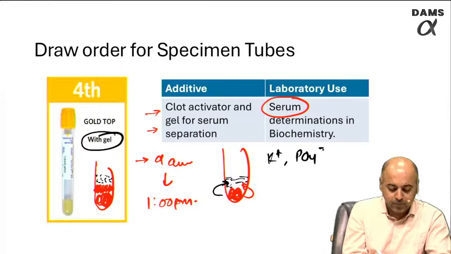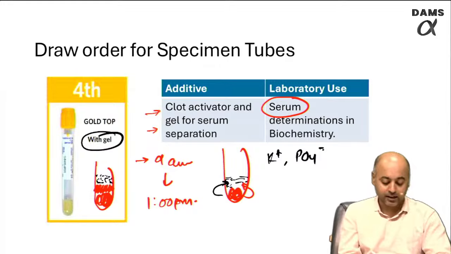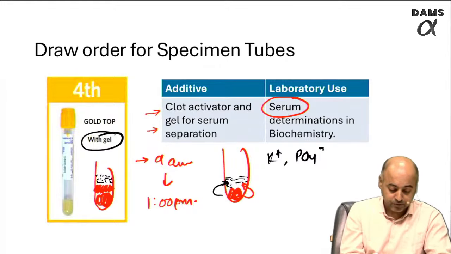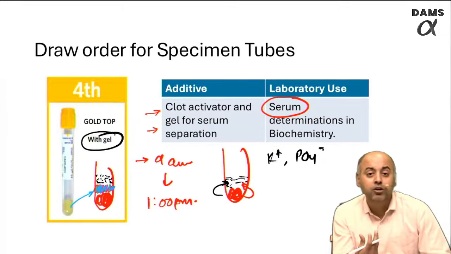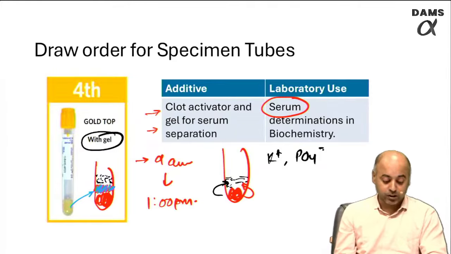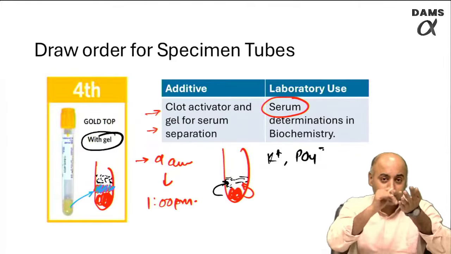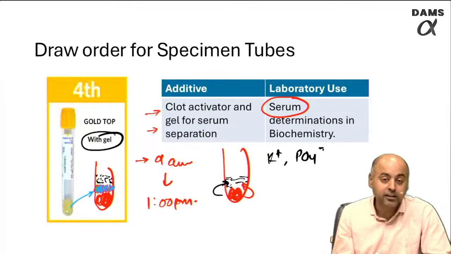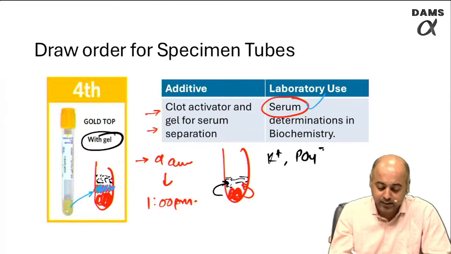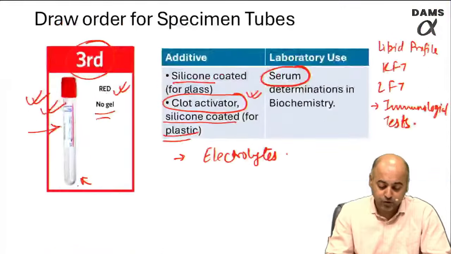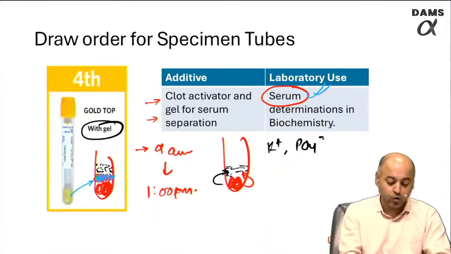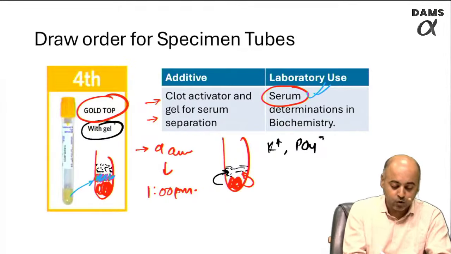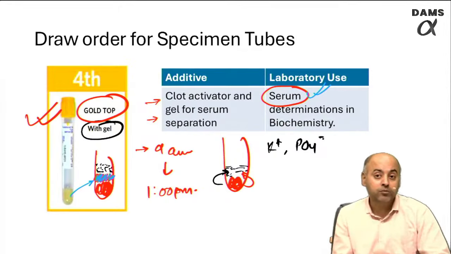You can think of this as the gel, and in this way the debris coming out from the clot is not able to interact with the serum. The serum will rise above the gel and the clot will sink down, so this barrier is created. Here also we are getting the serum only, so whatever test you performed here, the same test can be performed in the gold top vial as well. You can perform the same test.